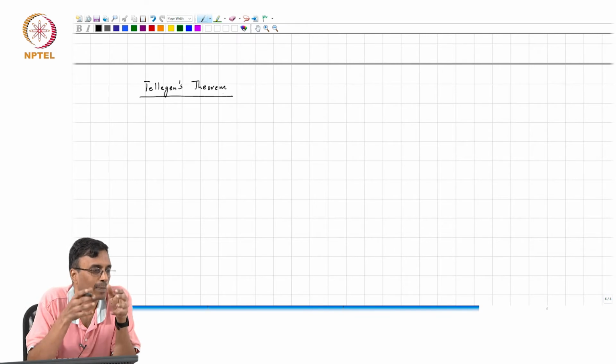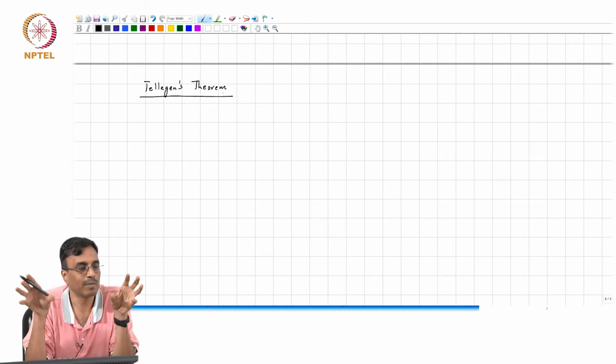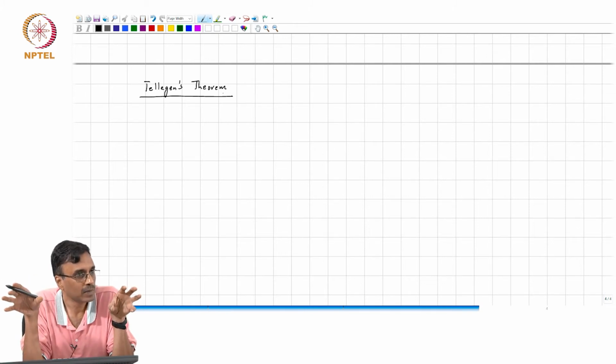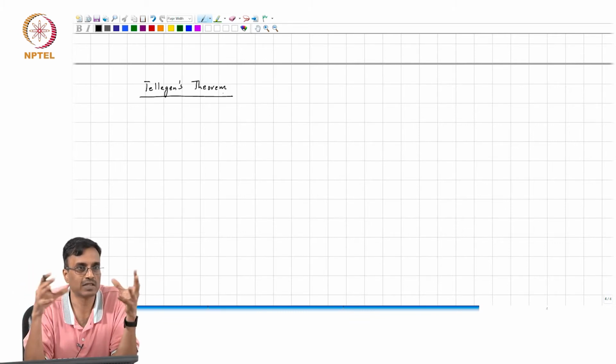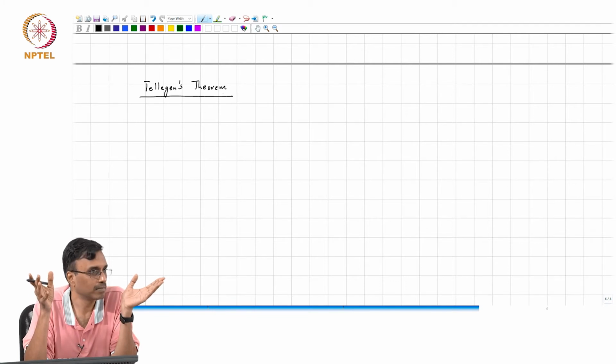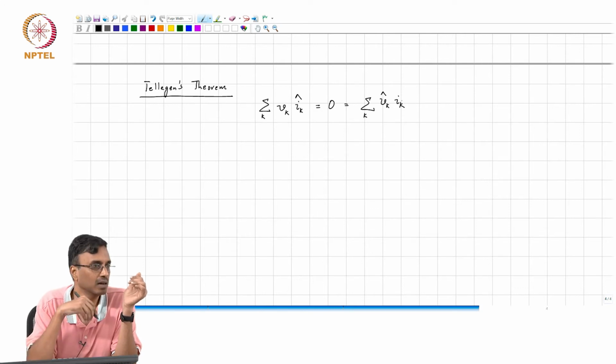The second network could be the same as the first network, but at a different time. It could be completely different from the first network as long as it has the same skeleton, or the same graph. All that this is saying is that the sum over all branches of Vk times Ik hat is equal to 0, which is the same as the sum over all branches of Vk hat times Ik.